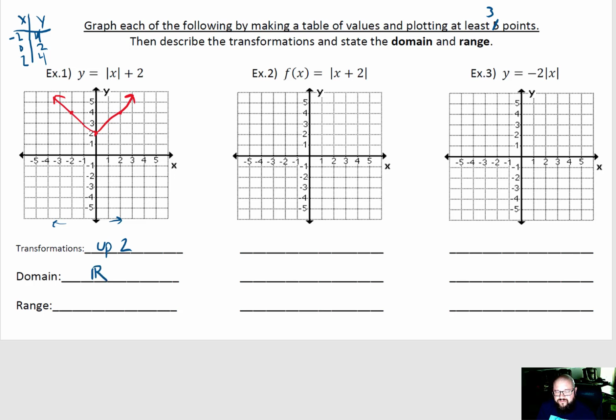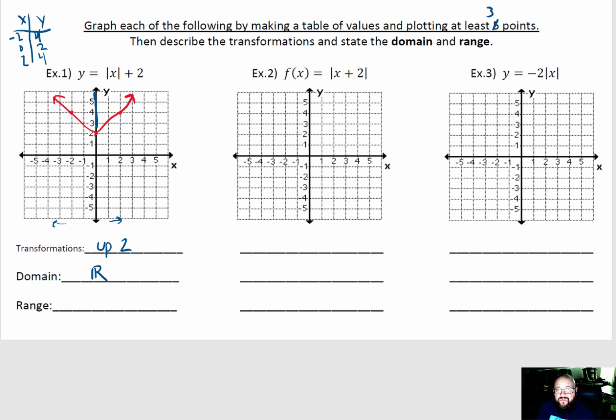Now for our range, with our y's, the lowest value it touches on the y-axis. So if I'm just looking on this axis right here, this y-axis right here in the middle, just looking at that, our lowest y value is 2, and everything greater than or equal to that would work.